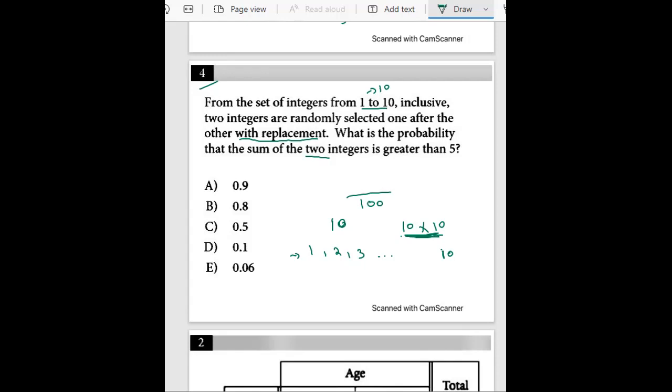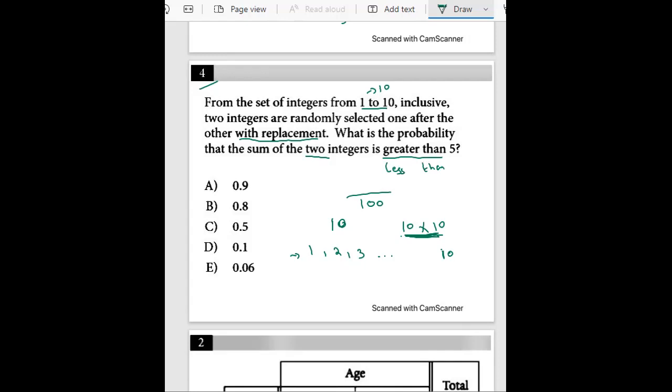Now, finding the probability that the sum of the two integers is greater than 5 would be very difficult. So it's much better that we find the probability for less than 5 and then subtract that from 1.